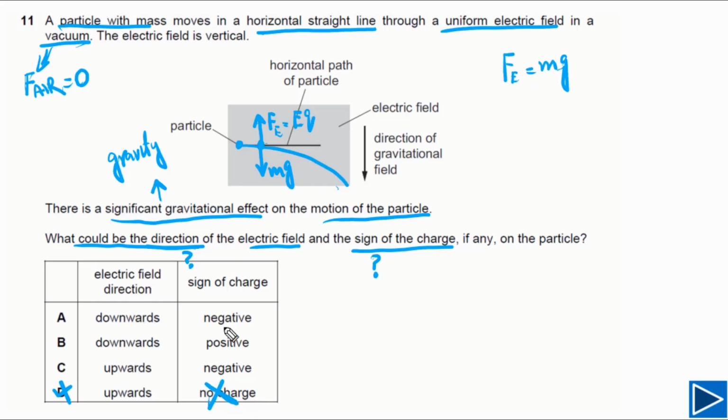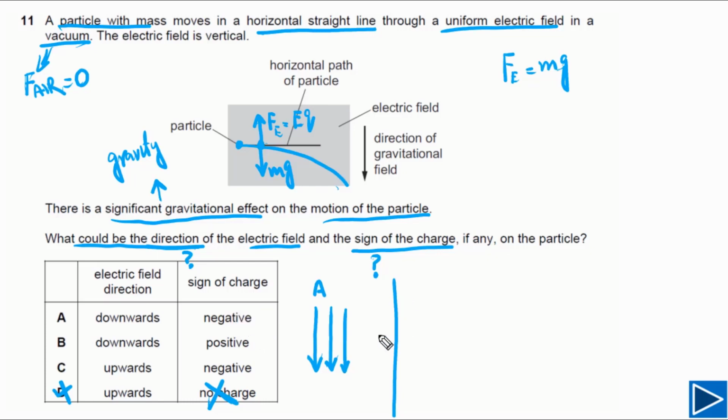We are left with three options. We look at all these options one by one. First of all, it is given that the electric field direction is down. So we can draw our electric field like this. The electric field is pointing down and the charge is negative.